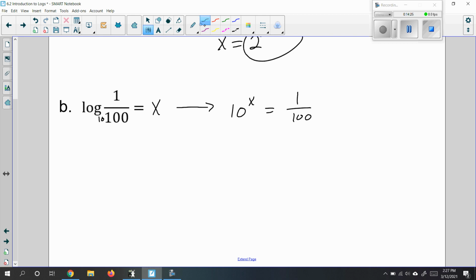So I can say that 10 to the power x is equal to, I'm just going to take the reciprocal, 100 to the power negative 1. All right, we're getting closer. Well, I also know that 100 is 10 squared.